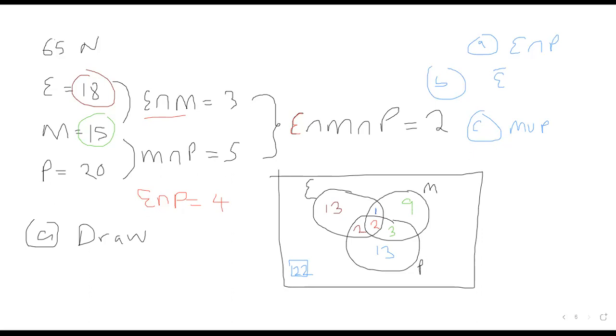Is it correct, sir? It's correct. It's actually already in the question there, so it's correct.